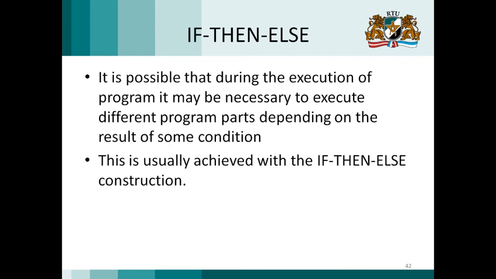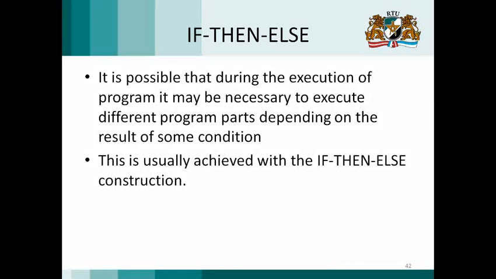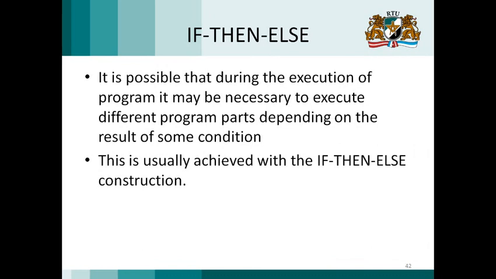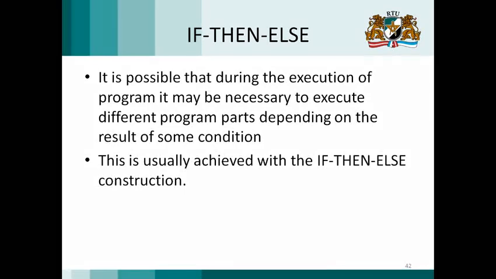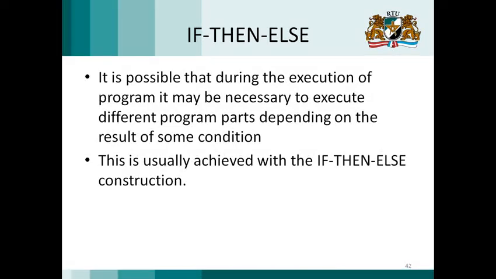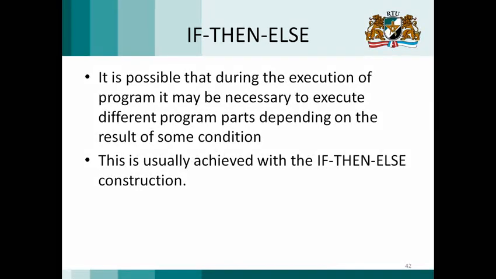For example, as we could see previously, we might want to do different things if we have a salary larger than some parameter or salary smaller than some parameter. For example, we just do this comparison.